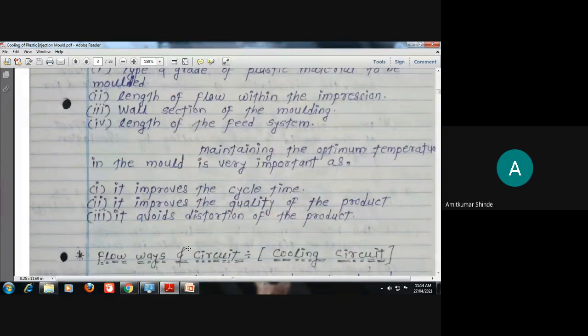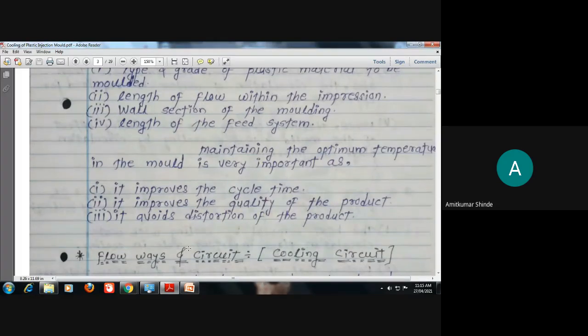Okay, it improves the quality of the product, and in short you can say that it avoids the distortion of the product, means you will get the defect free component, the defect free products. So these are the results if you maintain the optimum mold temperature. That's why you have to control that mold temperature or ejection temperature by controlling the different factors.